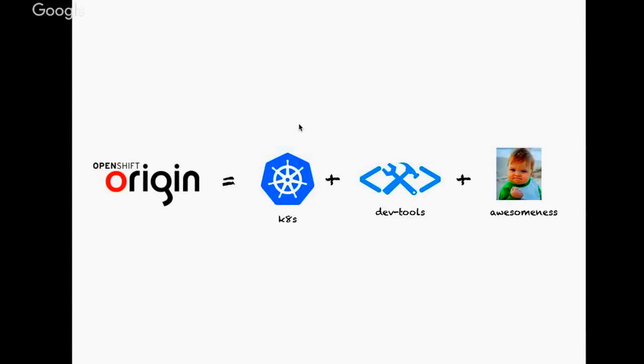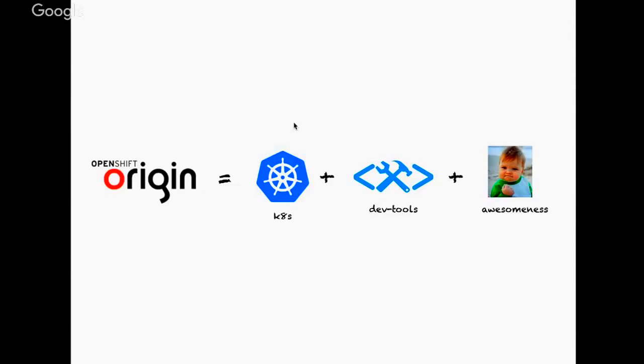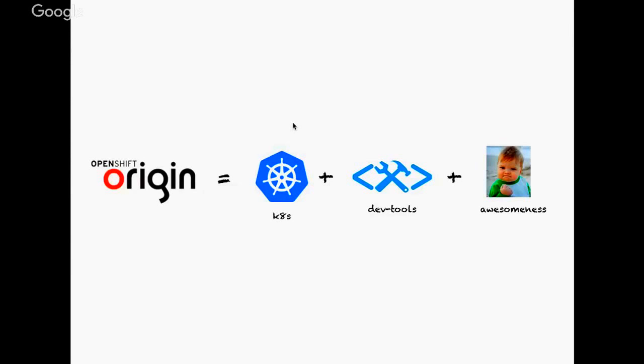OpenShift is 100% Kubernetes, plus all the developer features that developers need to interact with Kubernetes and deploy applications, and then some other awesome features like networking, logging, and security that are essential for any production applications. You can think of OpenShift as a Kubernetes cluster, but with all the missing features that Kubernetes doesn't provide for developers.